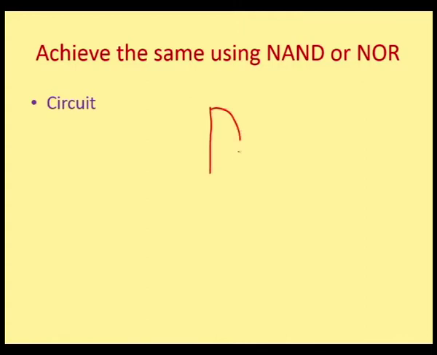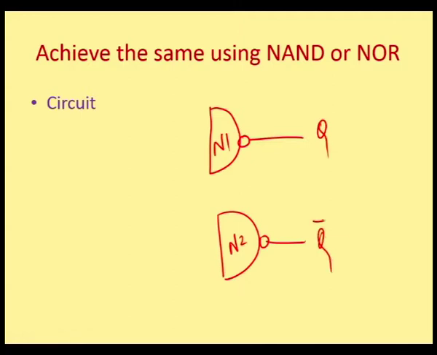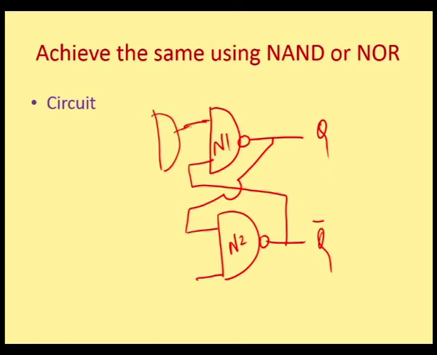Yes, as we have done earlier, N1, N2, this becomes Q, Q bar, two inputs, and it is fed here, the output is fed to N2, and because I want a clock, I am going to use or add two AND gates.